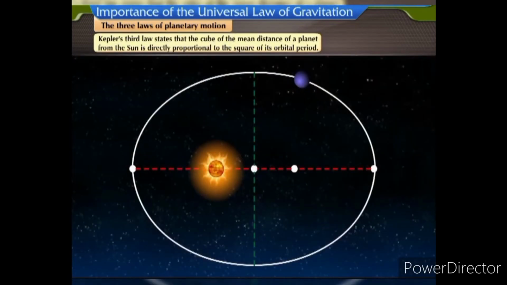Kepler's third law states that the cube of the mean distance of a planet from the sun is directly proportional to the square of its orbital period.